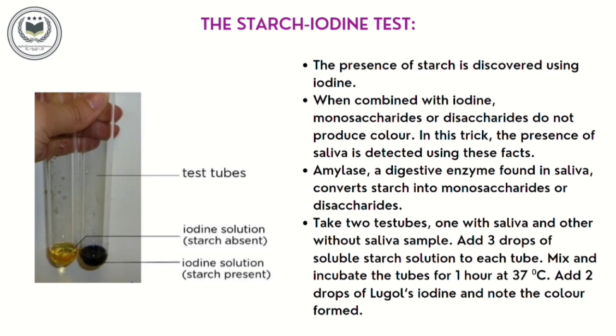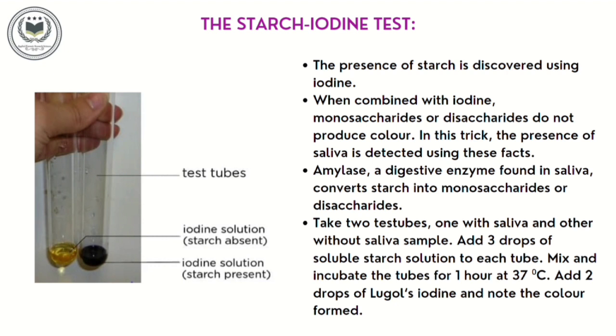Add 2-3 drops of soluble starch solution to each tube, mix it, and incubate the tubes for 1 hour at 37 degrees Celsius. After some time, add 2-3 drops of Lugol's iodine reagent and observe the color.